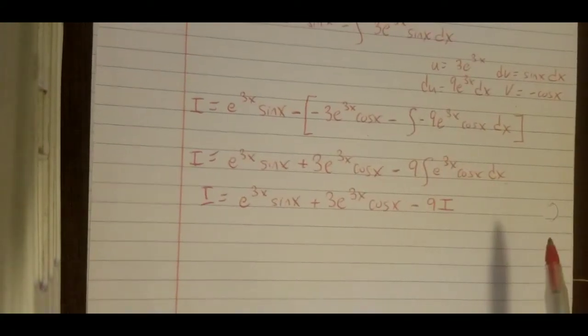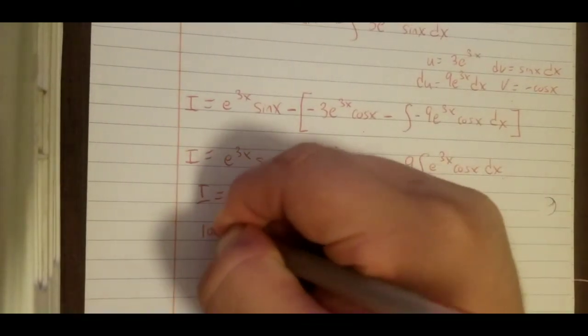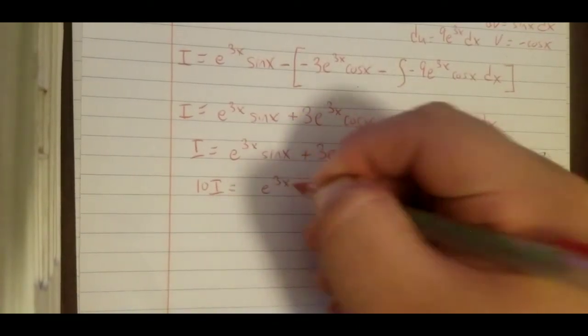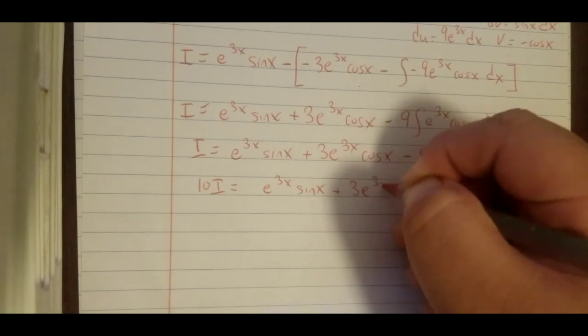And so now I'm just going to solve for I by itself. Let's see, I add 9 I back over. I've got 10I. And so I have e to the 3x sine x plus 3 e to the 3x cosine x.